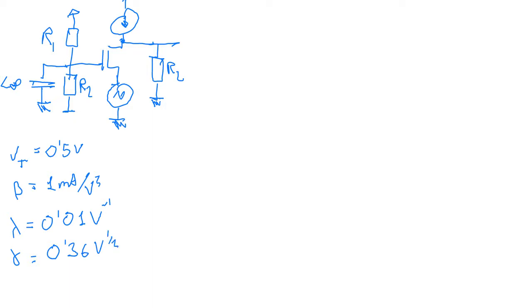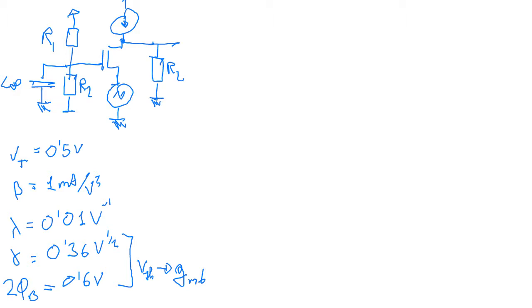This gamma and the flat band voltage are related to the threshold voltage variation, so they will provide us with the bulk transconductance.